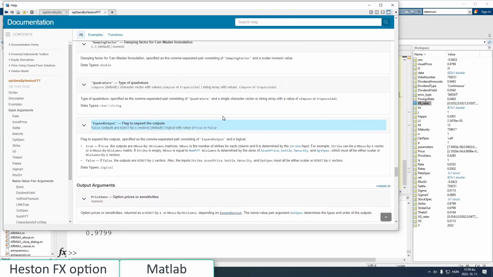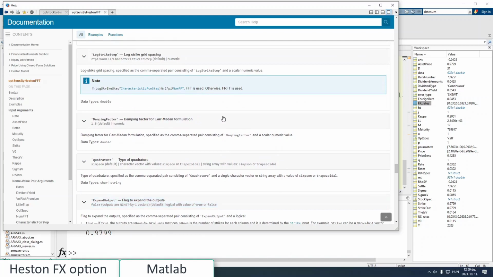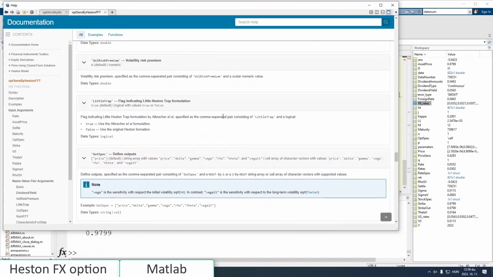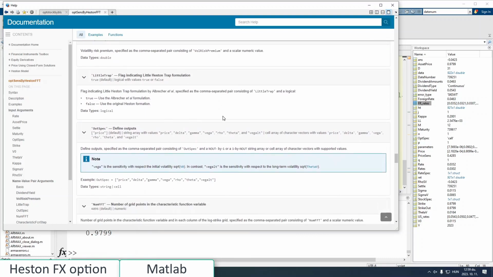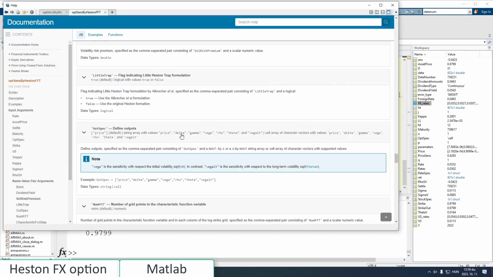Expand output. Price. OSPEC. But we did not have any OSPEC, we had just OSPEC.